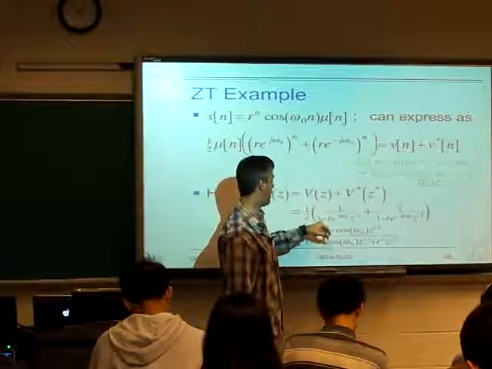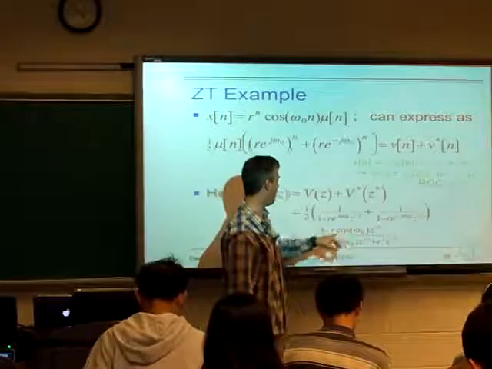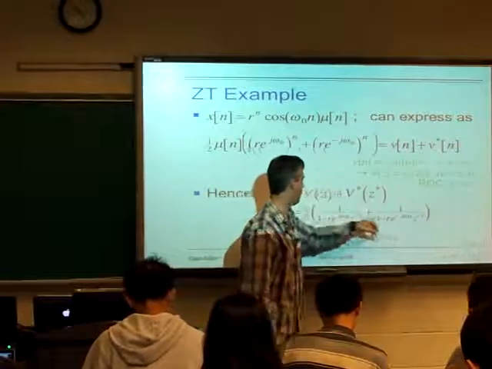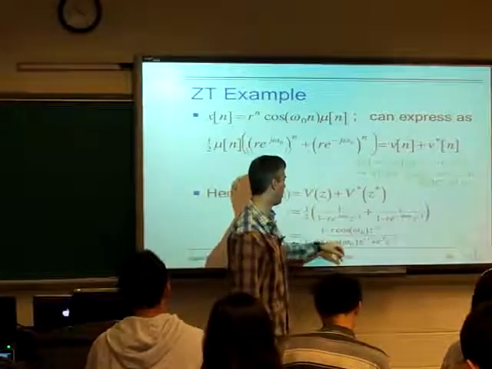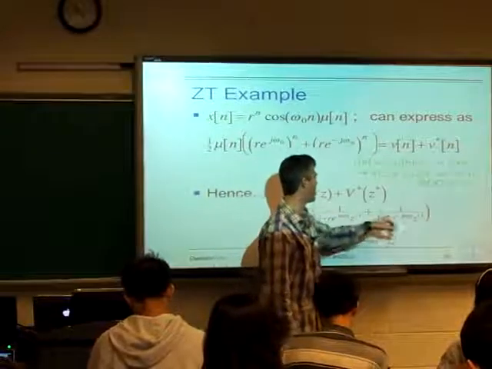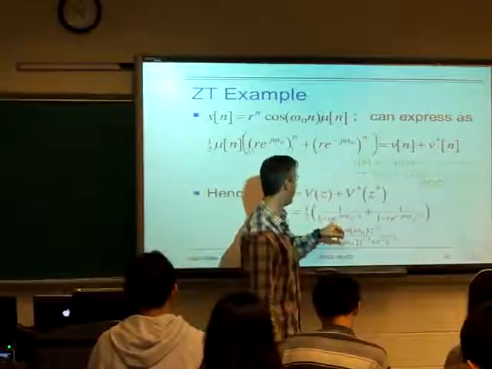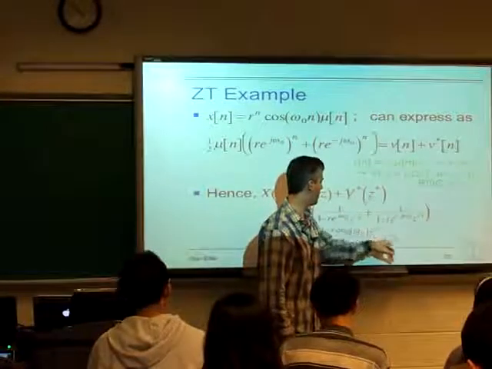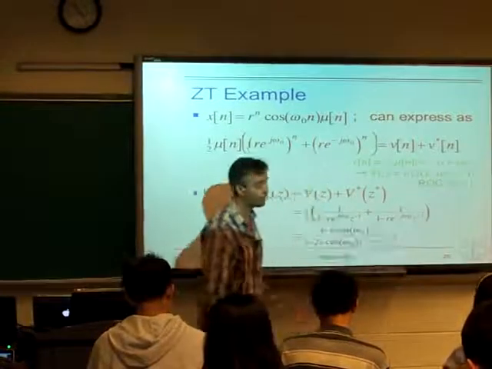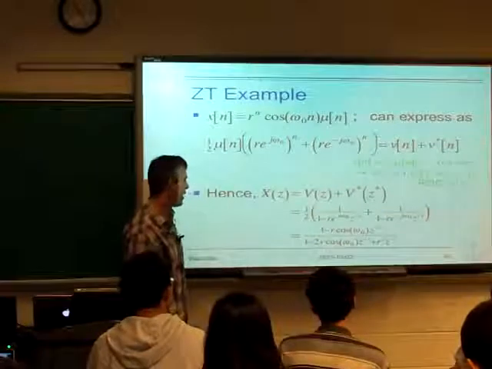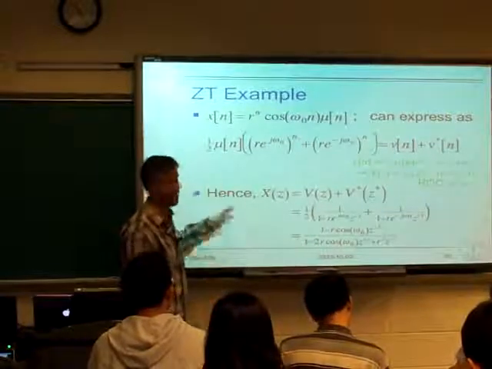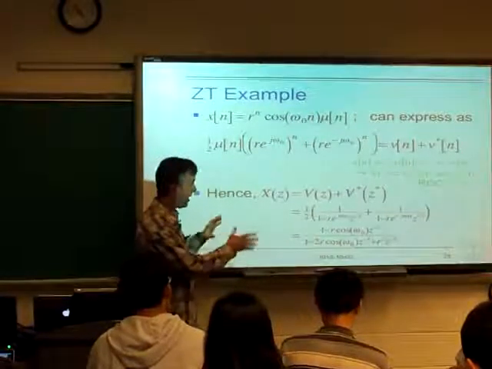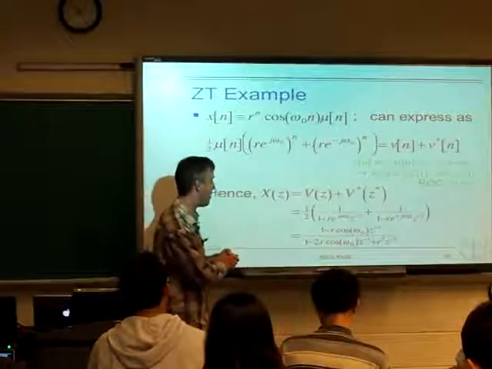So when we multiply them together, we get the sum of these two, which is just the real part, 2r cosine omega 0, and the product of these two, which is just the magnitude, r squared times z to the minus 2. So that was the identity we saw, and this is just using the other identities to derive that.